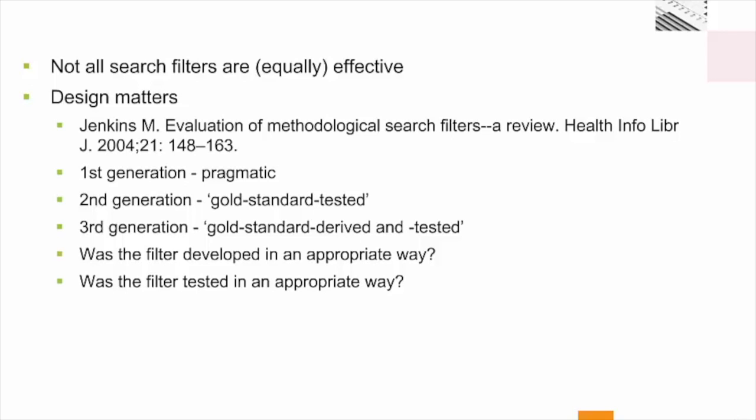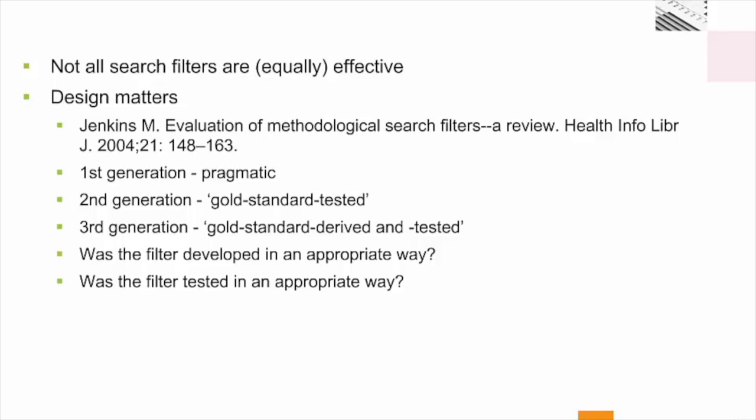Not all search filters may be equally effective or well designed, and the seminal paper on the methods for search filters, produced by Michelle Jenkins in 2004, suggests that there have been generations of filter design. The first generation, she suggests, was pragmatically designed search filters, where people just developed search filters and published them.